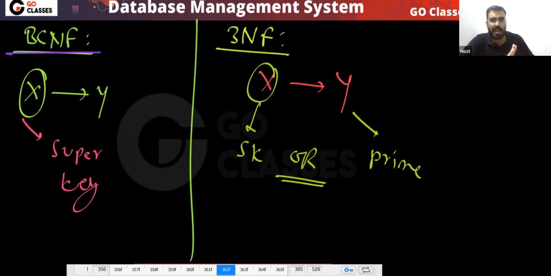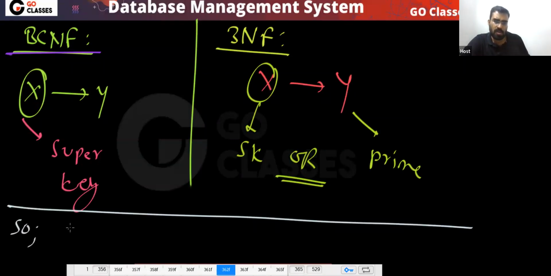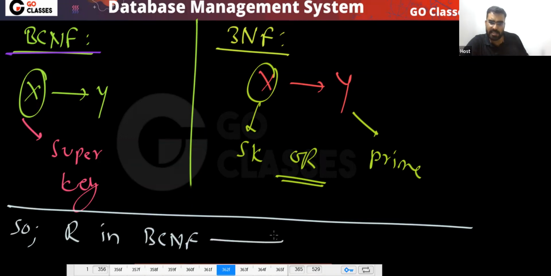See, first of all, can I say every BCNF is 3NF? If R is in BCNF, then automatically it is in 3NF.